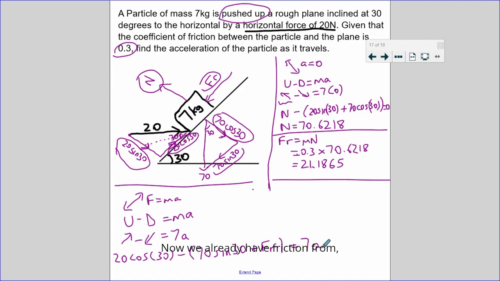Now we already have friction, so we'll use the friction value that we found before, 21.1865, right? So let's try solving this.